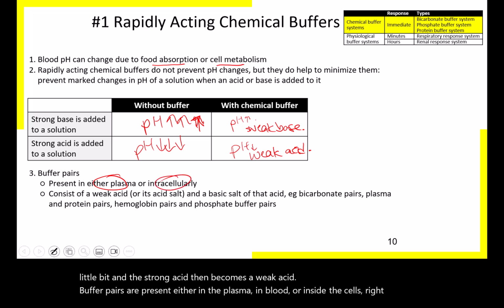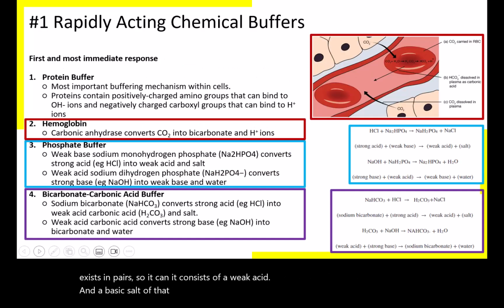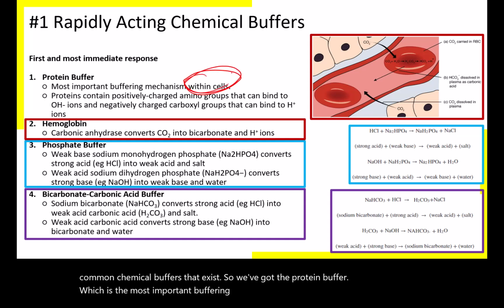And it exists in pairs, so it consists of a weak acid and a basic salt of that acid. So in the next slide, we go through some of the most common chemical buffers that exist. We've got the protein buffer, which is the most important buffering mechanism inside cells, whereas the other ones exist mainly in plasma.